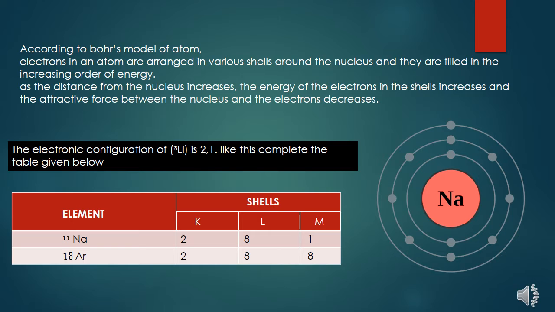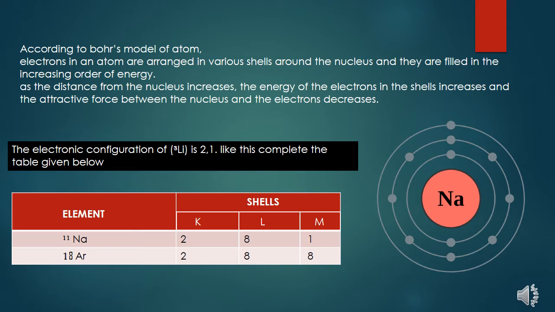For the third energy level, the shell number is 3 and the name of the energy level is M. Next, the electronic configuration of lithium is 2, 1 because there are 3 electrons in the lithium atom. Like this, we can calculate the electronic configuration of all other elements.